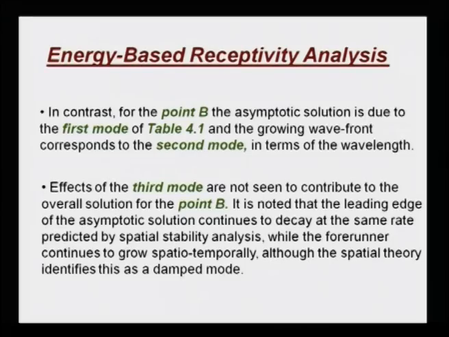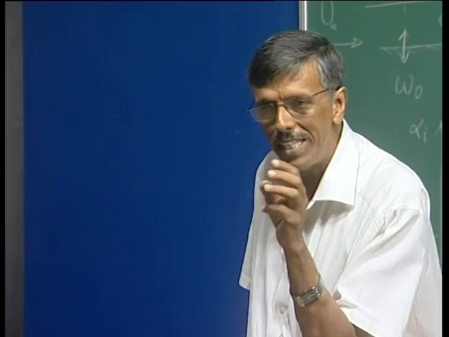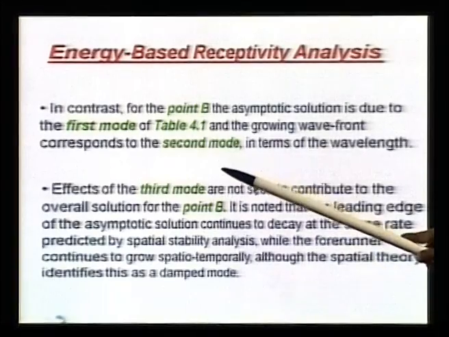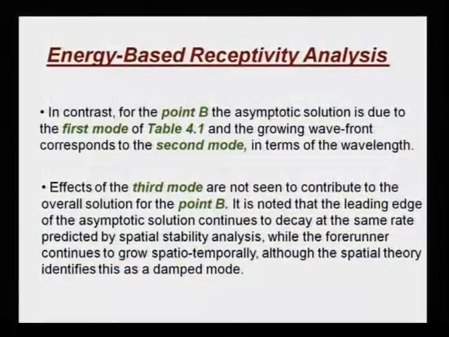Okay. Now, in contrast, when you are looking at the point B, the asymptotic solution is due to the first mode, and if you do the FFT of the forerunner part, then you will see that the wave number and the decay rate, especially the wave number, corresponds to the second mode.